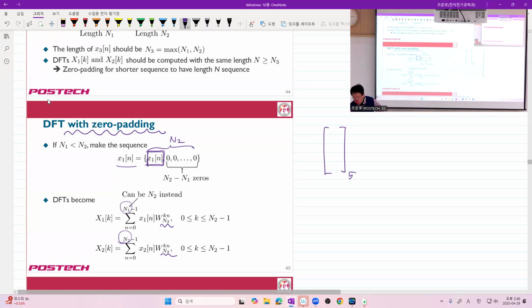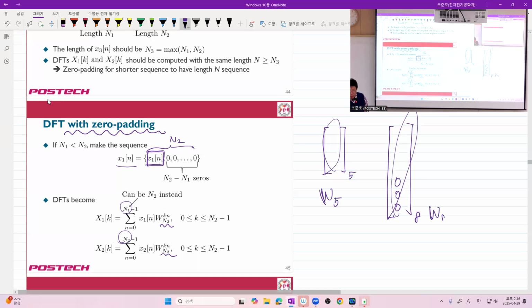Now you put 3 zeros for a total length of 8, and you perform DFT of this length 5 vector, and you perform DFT of this length 8 vector. Of course, here you multiply this 5-point DFT matrix, and here you multiply this 8-point DFT matrix. What would be the difference? Actually, you know they are different, right? You know they are different, and you should know what's the difference. Got it? Anyway.